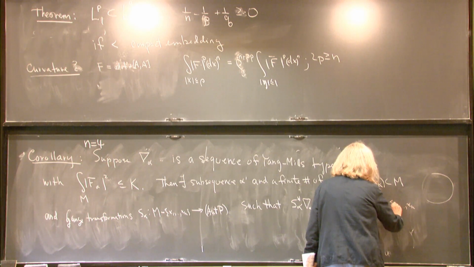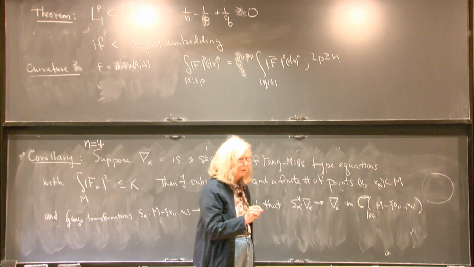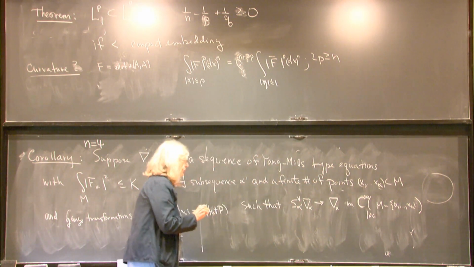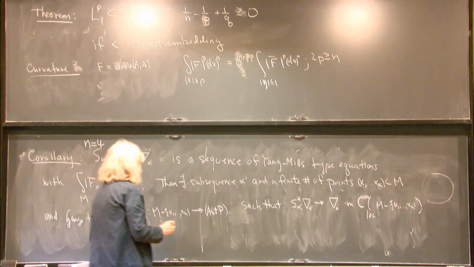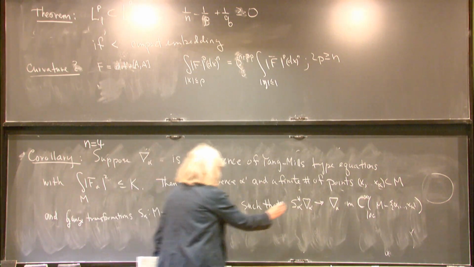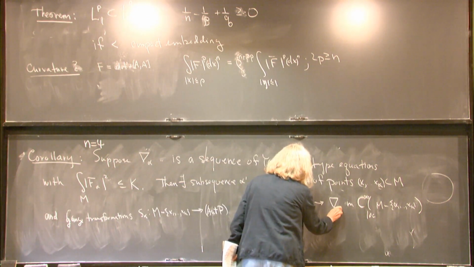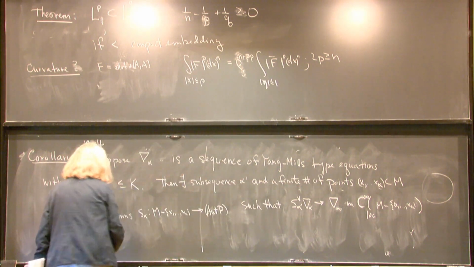This means if you take a compact set away from those points, you can get the convergence to be uniform, but near the point you have absolutely no control, and the curvature to f, let's call that infinity, okay.